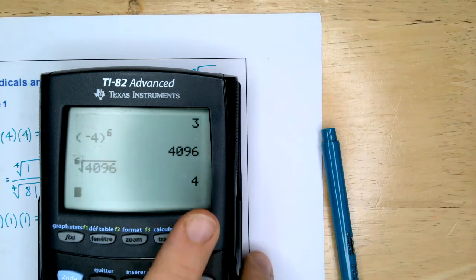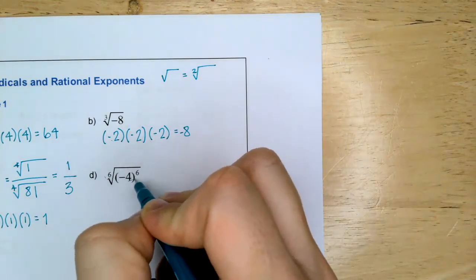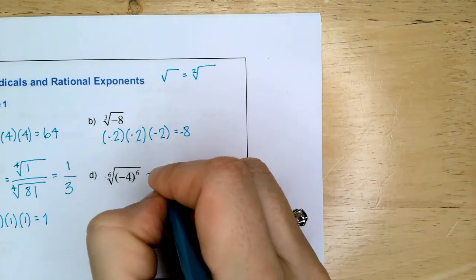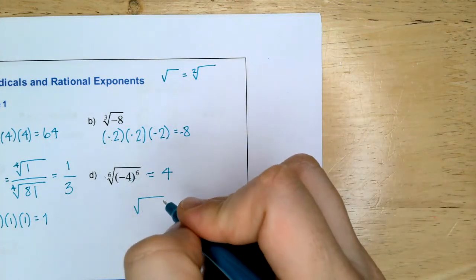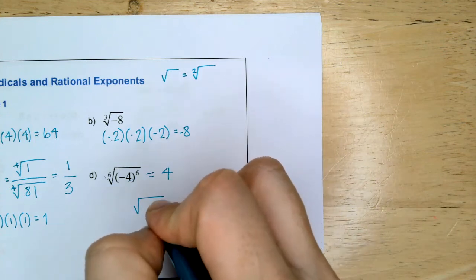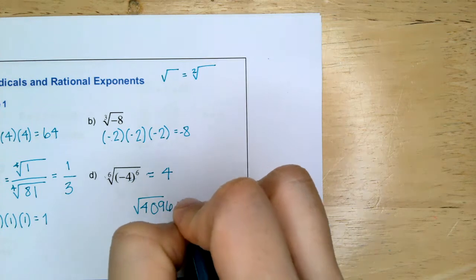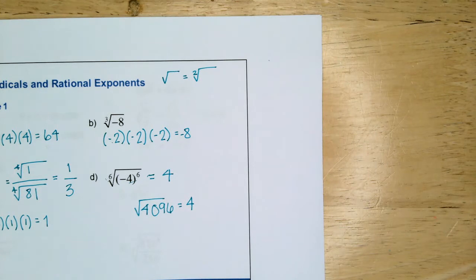And we get 4. So if these two are the same, you're going to take this term, but it will always be positive, right? That answer is 4 because the 6th root of 4096 is 4. And we got this number by multiplying -4 times itself 6 times.